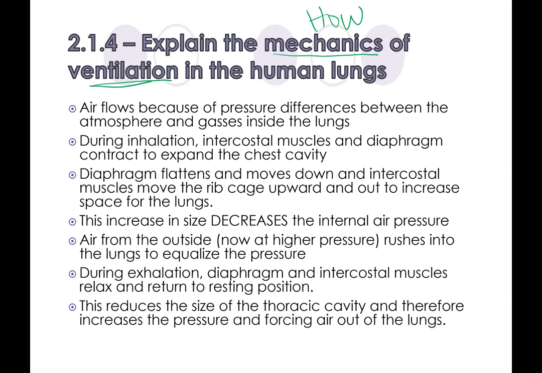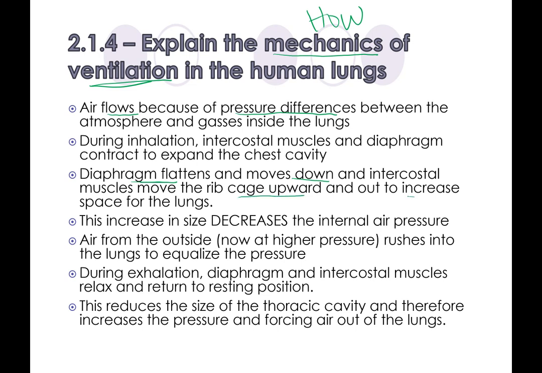One of the important things is that the reason air moves in and out of the lungs is because of pressure differences, okay? Your lungs are sacs that just sit there. When your diaphragm moves up and down and your ribs move in and out, it changes the pressure, okay? So when your diaphragm flattens and moves down, your rib cage moves upward.